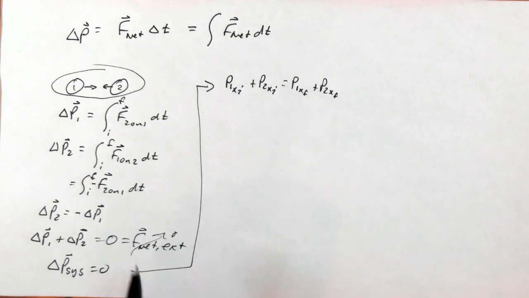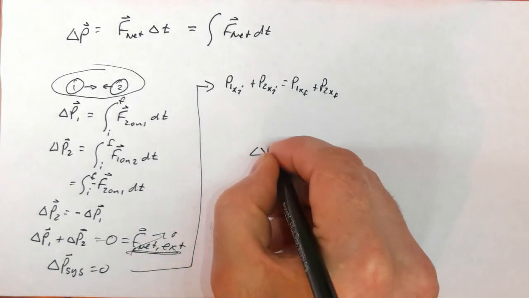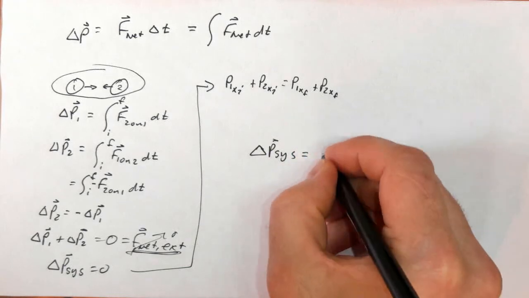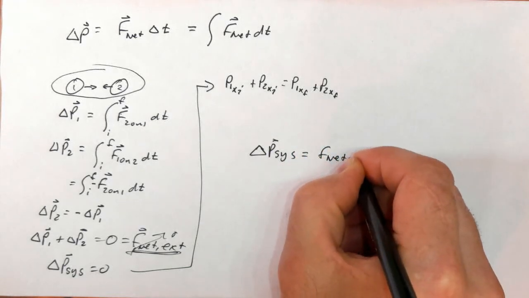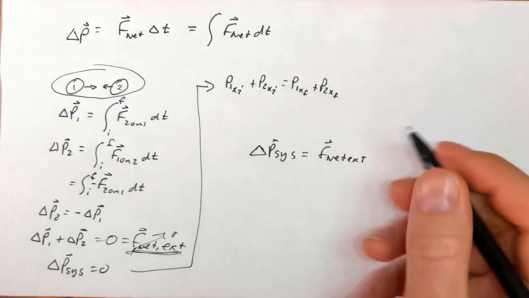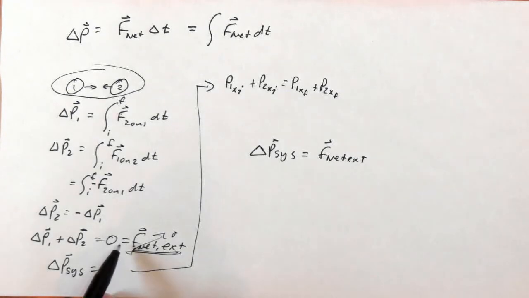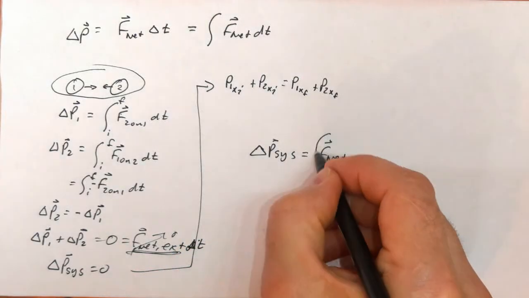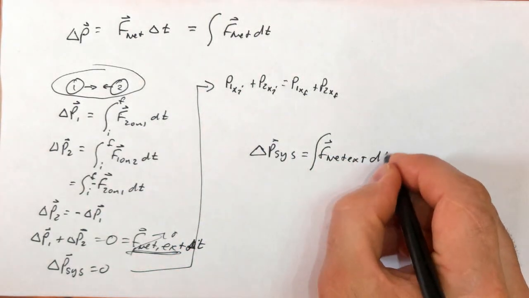Now, this can be applied in cases where you might say, well, there are external forces. So if I rewrite this and say delta P system is equal to the integral of F net external dt. Sorry, I didn't finish writing this; this should be dt here, inside an integral.